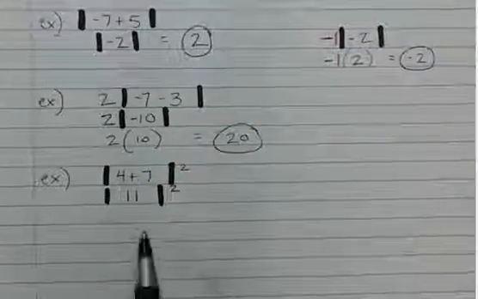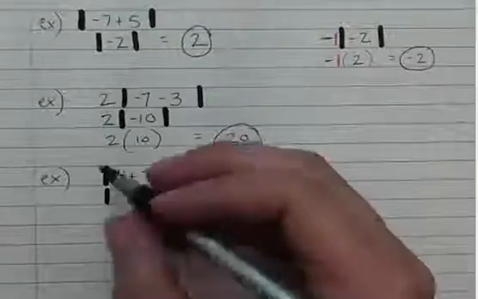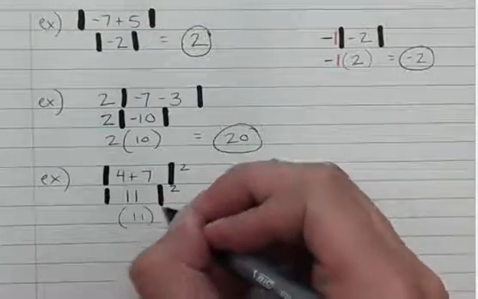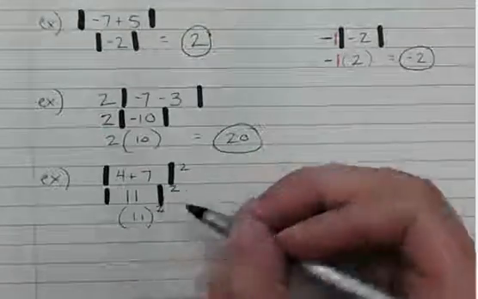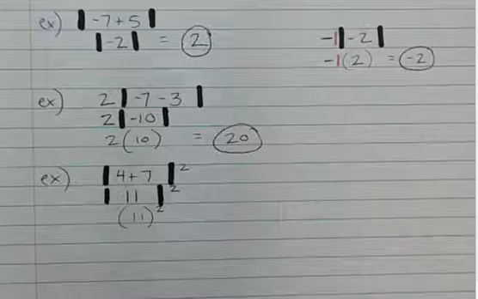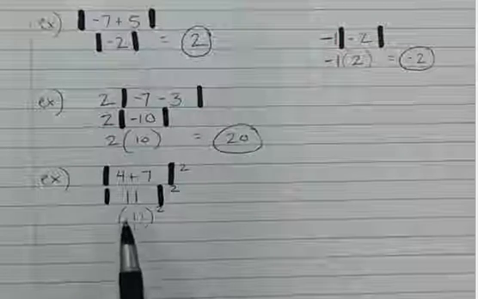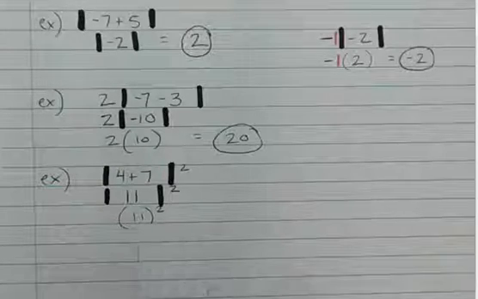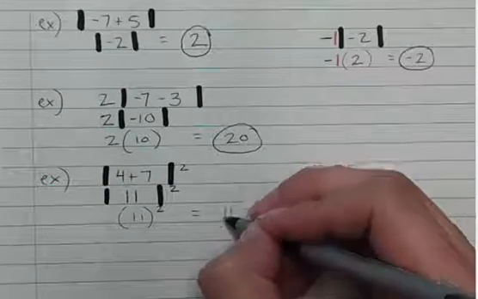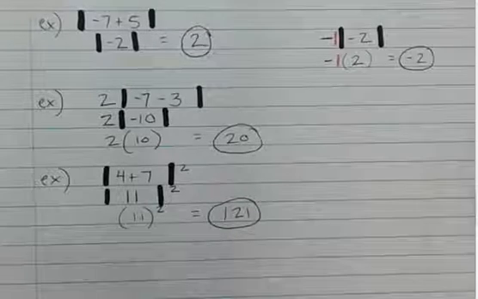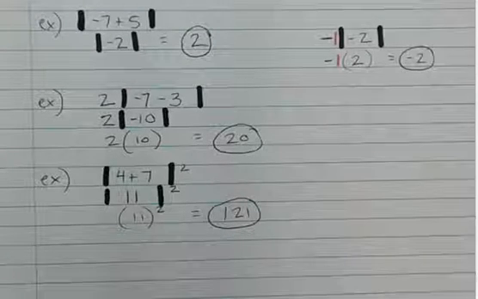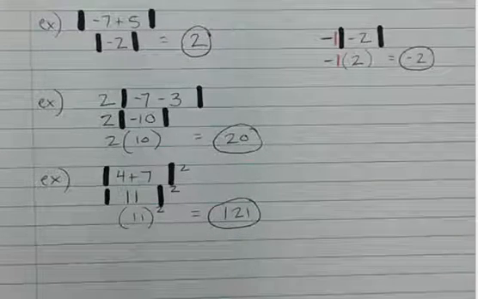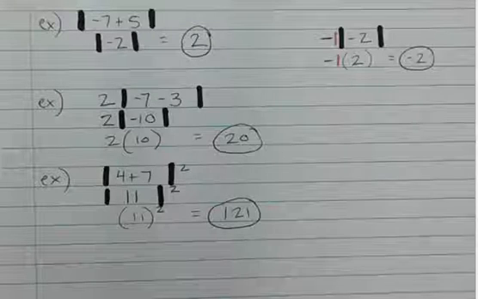I asked myself how many spaces away is 11 from 0, and that drops the bars to a +11. This time it's squared though, so once I drop the bars I can now figure out the exponent. 11 squared is 11 times 11, which is 121. Okay, so you'll be seeing a little bit of this on your homework today, so make sure you have these notes written down correctly.